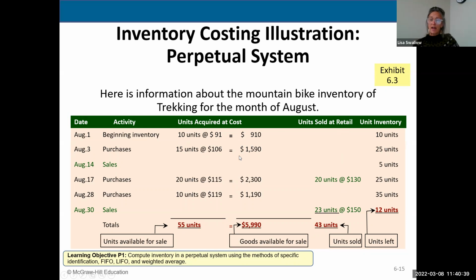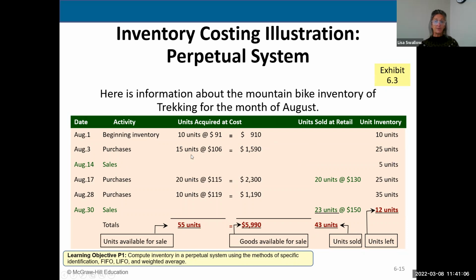And obviously from last chapter, you remember what you buy your units for and what you sell them for are very different numbers, right? And then the final column is a running tally of your inventory. So let's just go through this. I started with 10 units at $91, so 910 bucks, number of units, 10.